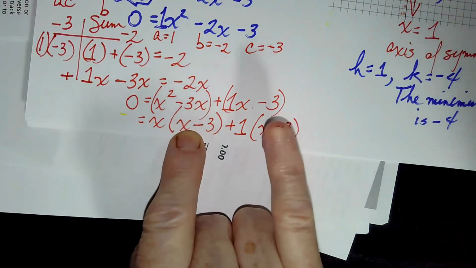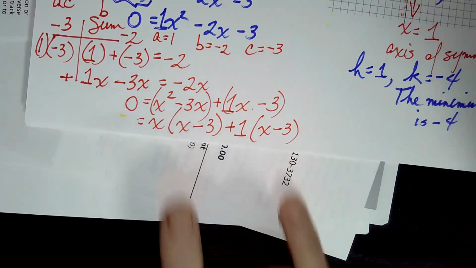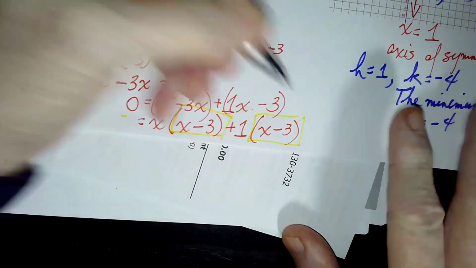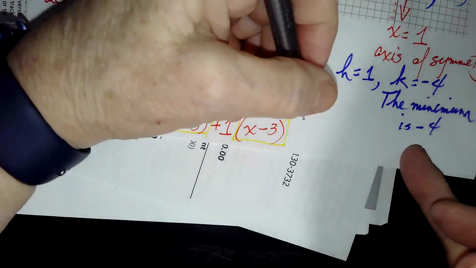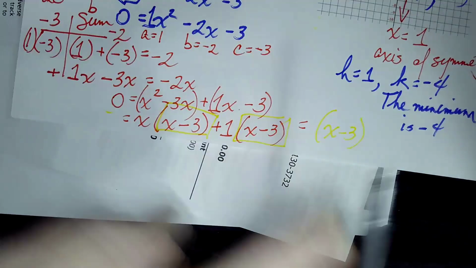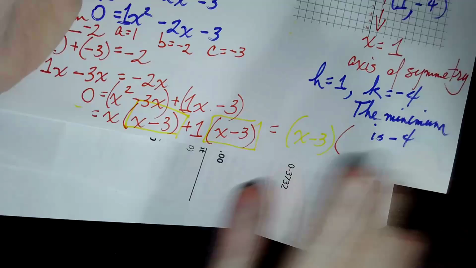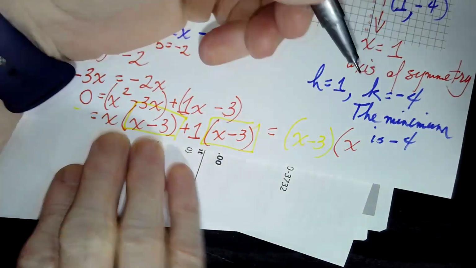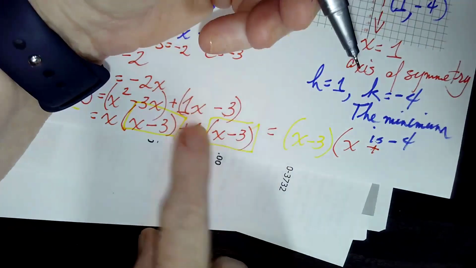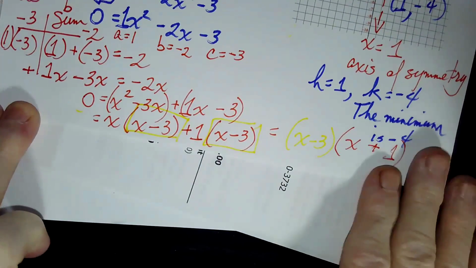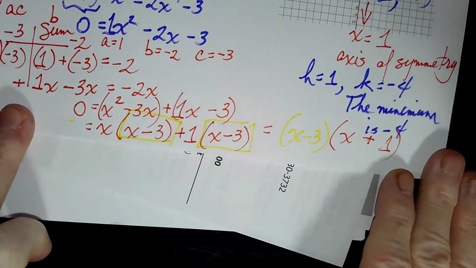X minus 3, that matching part. We're going to write down everything that's left. From the first whole term, we've got an x and then a plus sign. The second whole thing, we just have a 1 left. And that's it. X minus 3 times x plus 1.